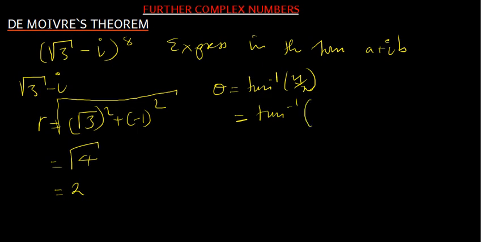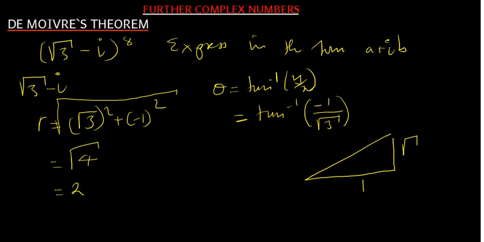The y component, the imaginary part, is negative 1, and that is divided by root 3. If we consider this triangle, 1 here, root 3 here, and 2 here, this is 60 degrees, this is 30 degrees. These are special angles.